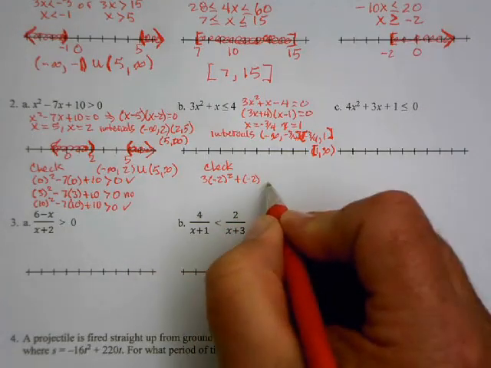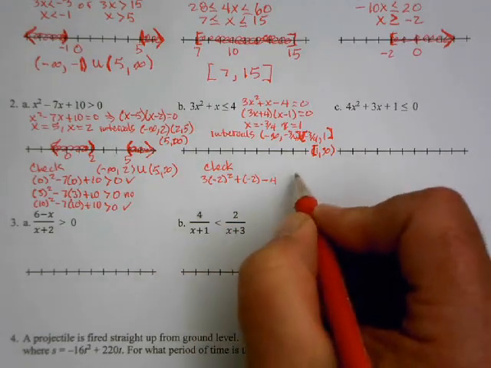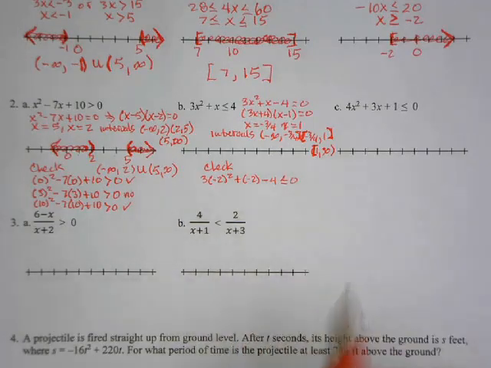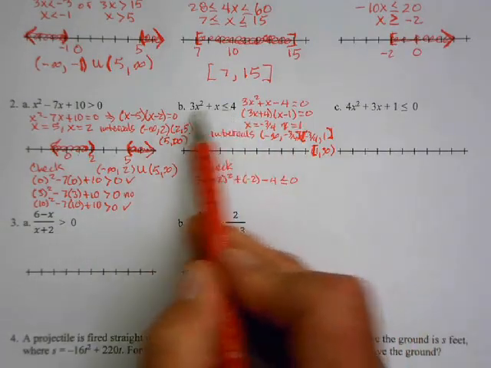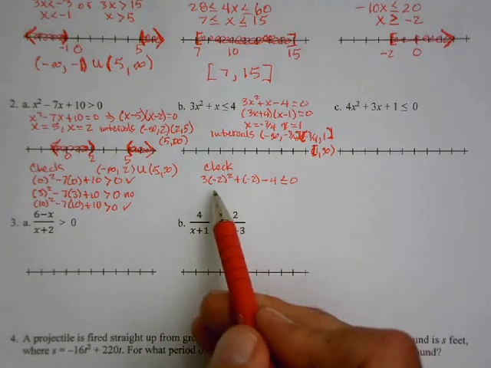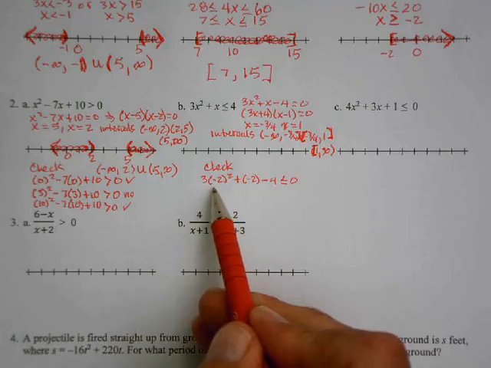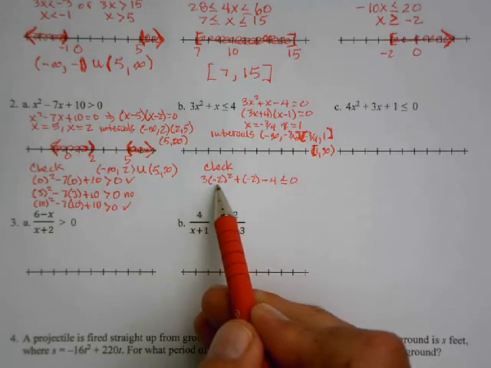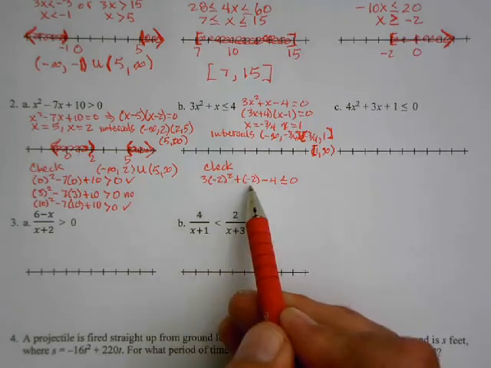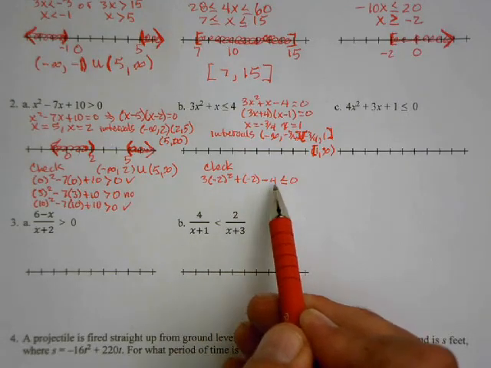Is that in fact less than or equal to 0? It doesn't matter if I do this right here or I do it with the 4 moved over to the other side. Now this part, of course, will be negative 2 squared, so positive 4. 3 times 4 is 12. 12 minus 2, 10. 10 minus 4, 6. 6 is not less than 0, so no.